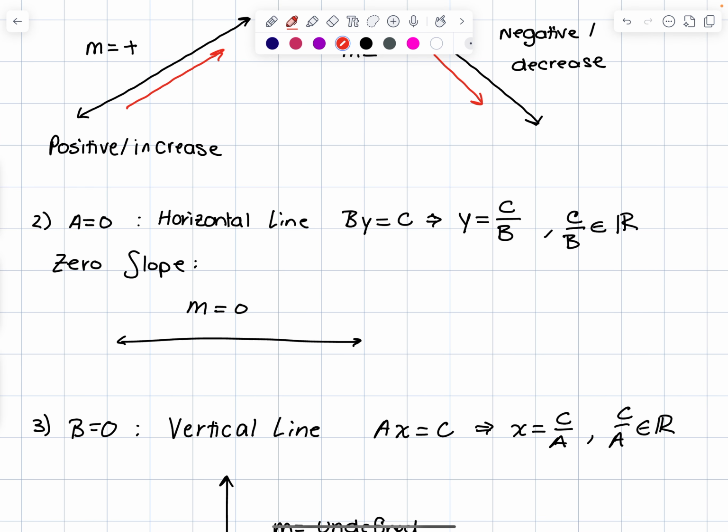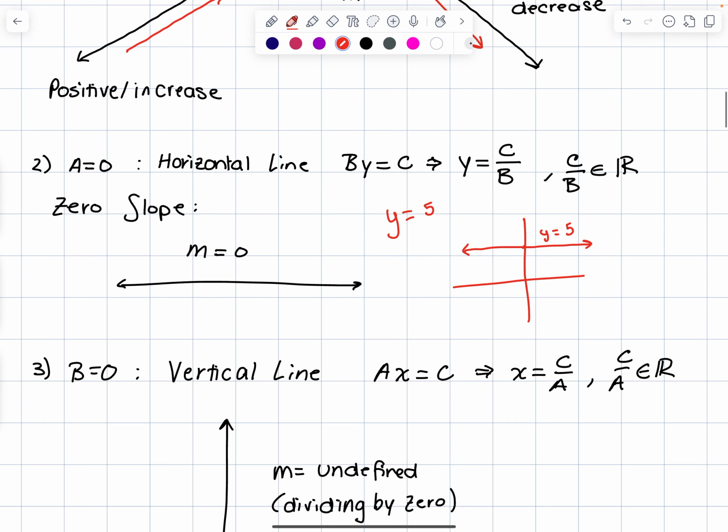So if we have, for example, y equals 5, well, I look at my graph, I go up 5 places, and I'm just going to have my horizontal line at y equals 5. Same thing if y was negative 5. Instead of being up, it's going to be down here. So that's the same idea. It just occurs when you have y equals and then some number.